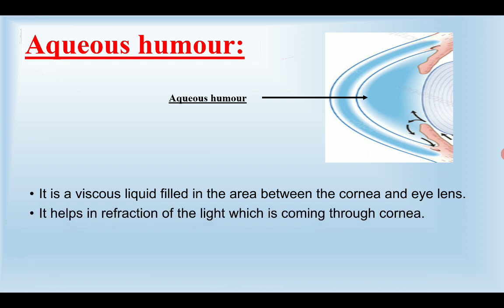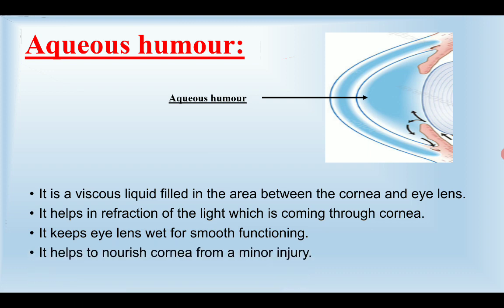It helps in refraction of light coming through the cornea, and it keeps the eye lens wet for smooth functioning. It prevents the eye from collapsing due to changes in atmospheric pressure, and it helps to nourish the cornea from minor injuries.